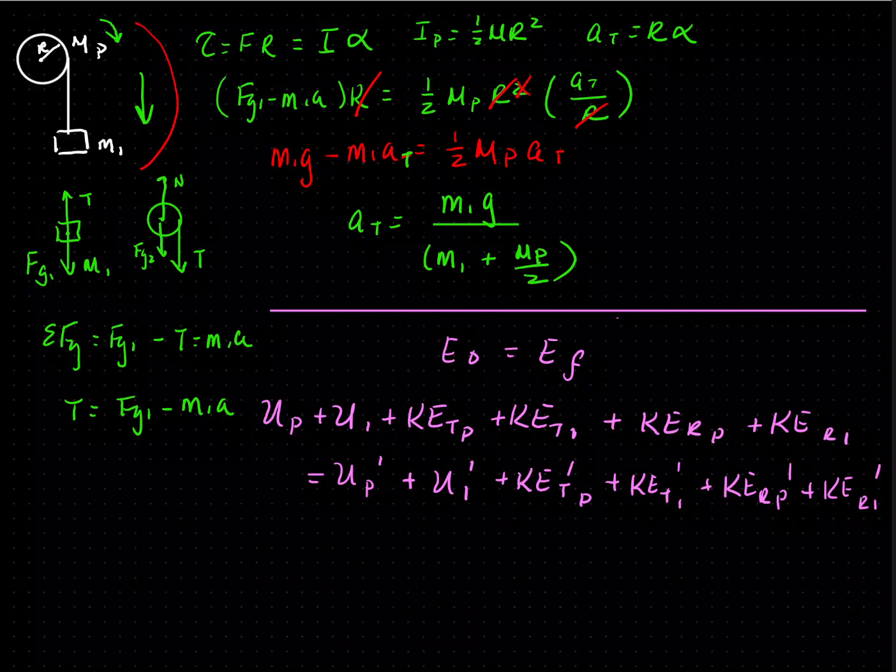So these are all the possible energies. Since you have two objects, each of them can have a potential energy, a translational kinetic energy, and a rotational kinetic energy.